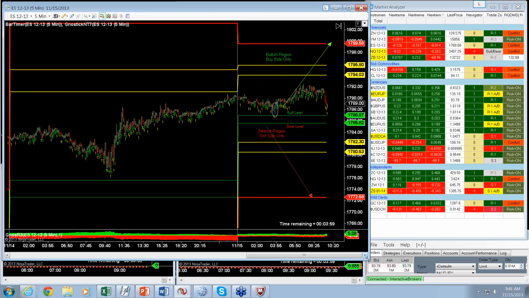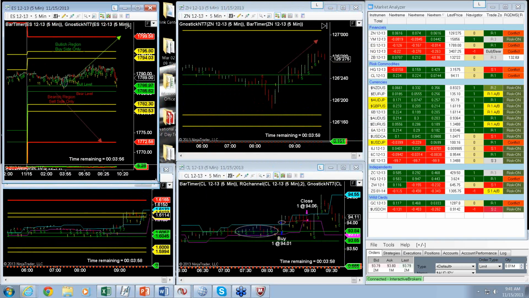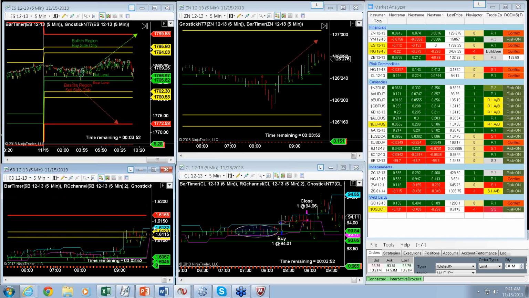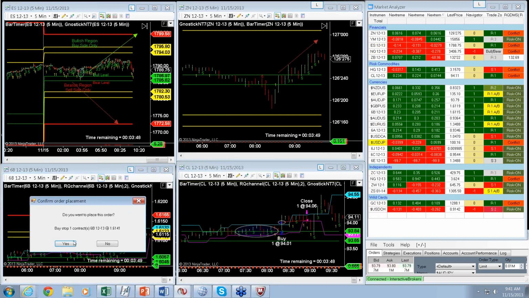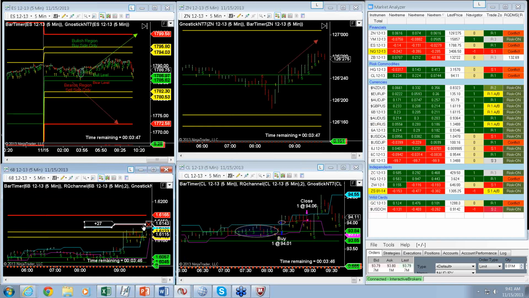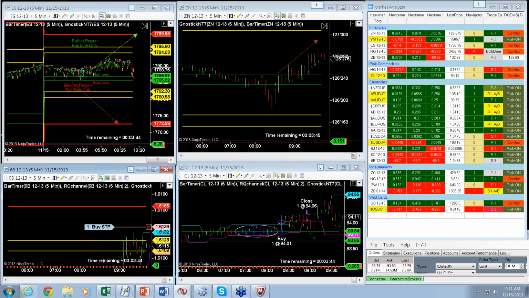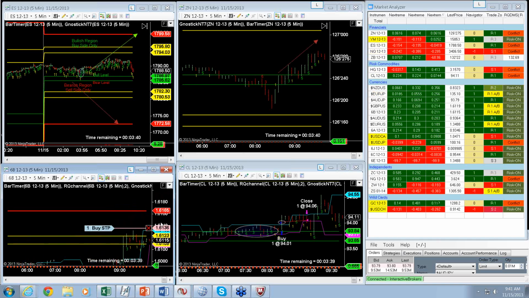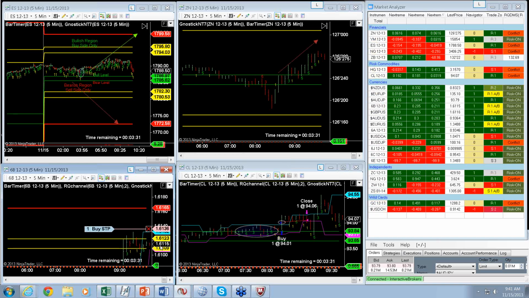So here is an opportunity, and I am going to put in a buy stop. I'm going to put in a couple of stops. Now this is a pending order that's resting. I am not going to just jump on it because the momentum is bullish. I want the momentum being bullish, but I want the odds in my favor.